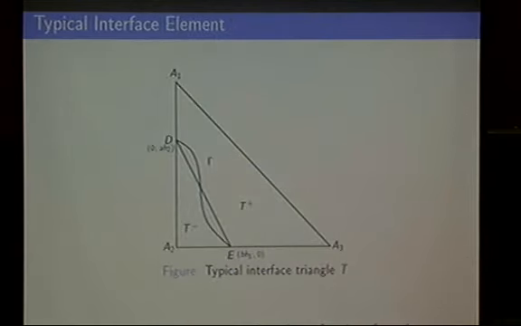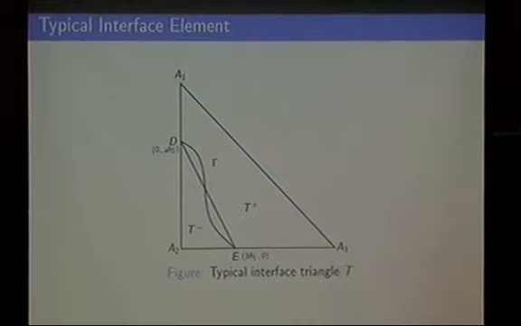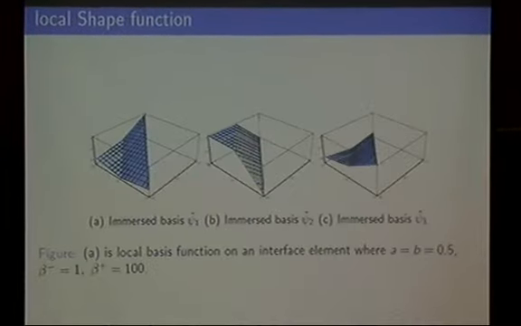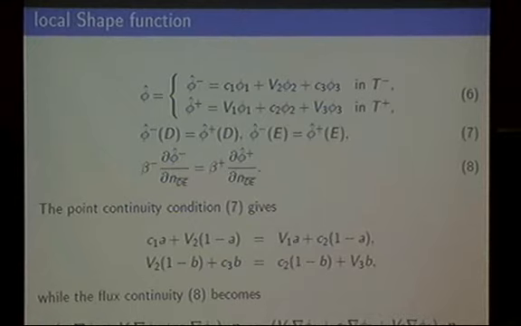Also here, this curve is the true interface, but actually it is replaced by a straight line. So this causes a small problem in the theory also. But anyway, now we construct a basis function.